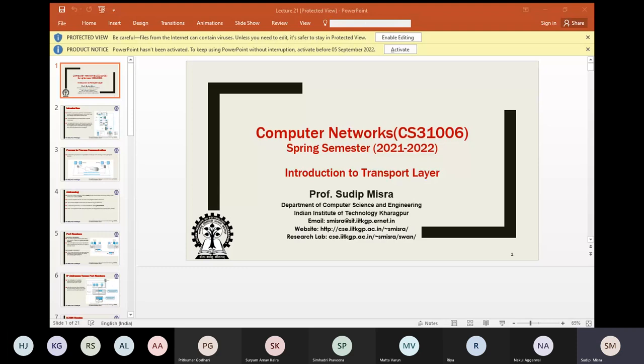Now you see, when you talk about a particular computer, ultimately it has something called ports. This term you are quite familiar with by now, because in the socket programming that you are doing, you are using the ports concept.